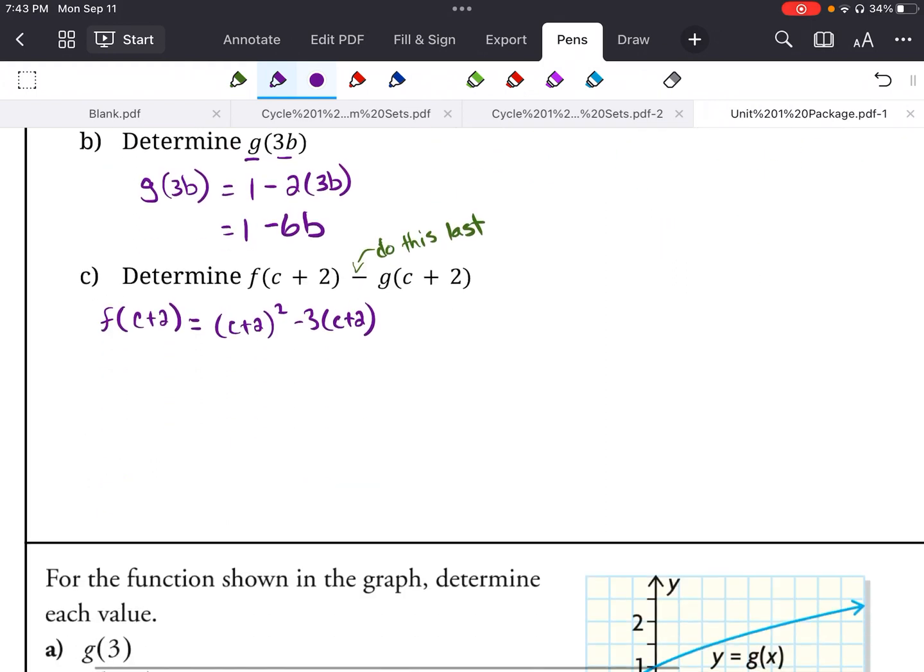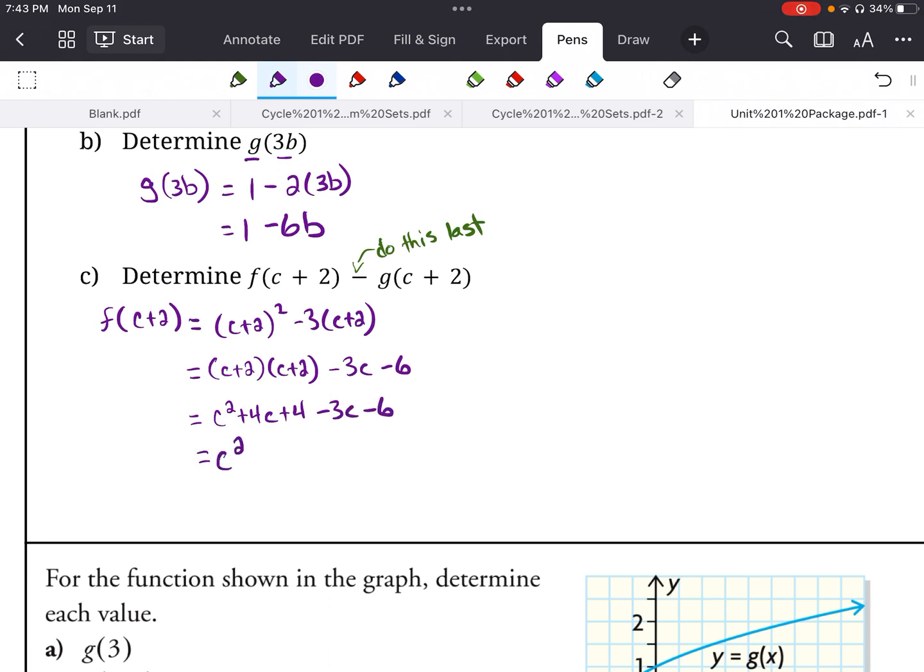So c plus 2 is a binomial. When you square that, it's really FOIL, if you remember that from quadratics. So we're going to get c squared plus 4c plus 4 minus 3c minus 6.